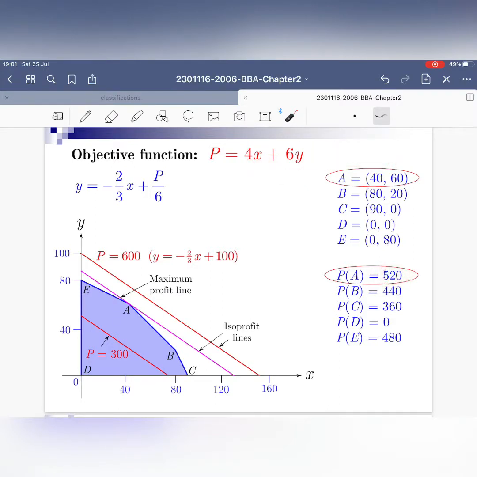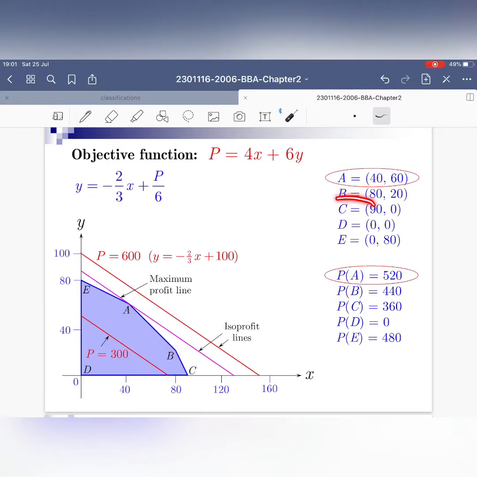Okay, 520 is the profit at this particular point A. For B, if you plug in 80, you have 320, and you have another 120, so you have 440. This is the profit at point B.